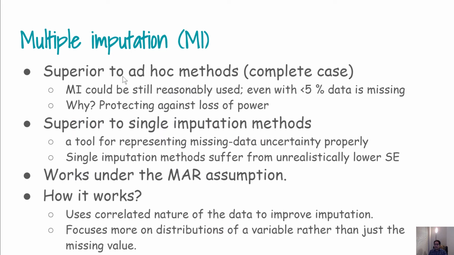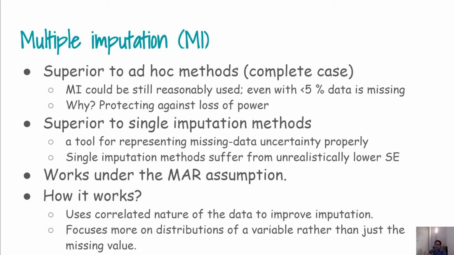Alright, just a recap of the multiple imputation process: it is often claimed that the multiple imputation method is superior to ad hoc methods, such as complete case analysis. Even when you have less than 5% of the data missing, you can still use multiple imputation in a reasonable way, and it would be useful to build a very reasonable imputation model if you have some variables that are highly associated with the missing variable values.